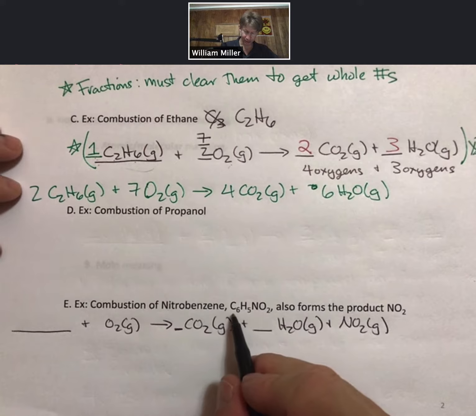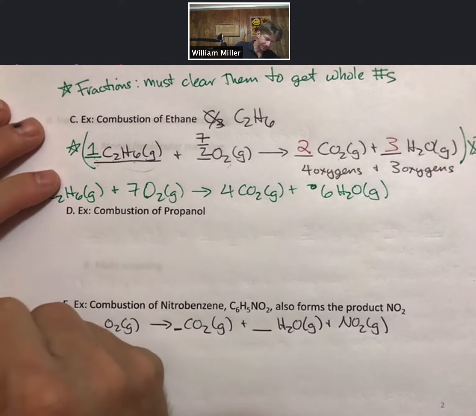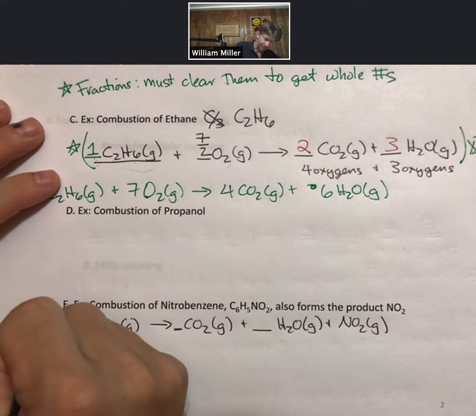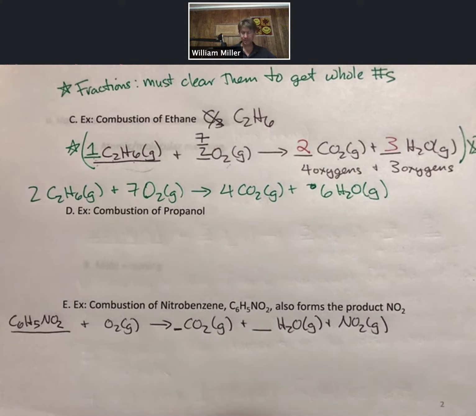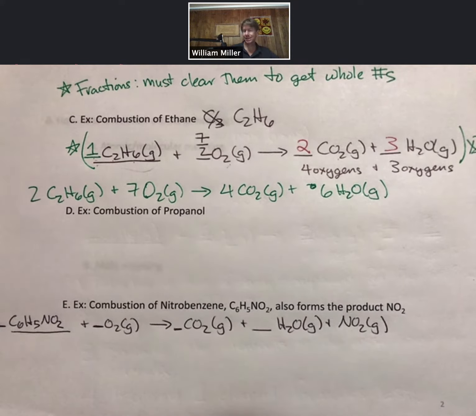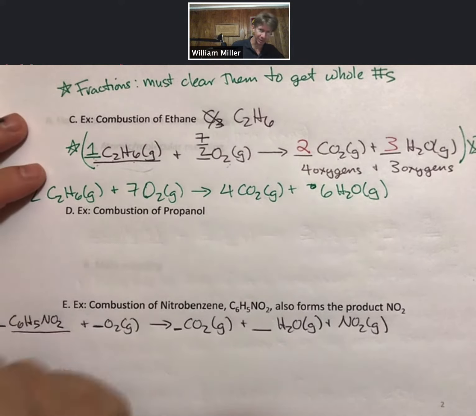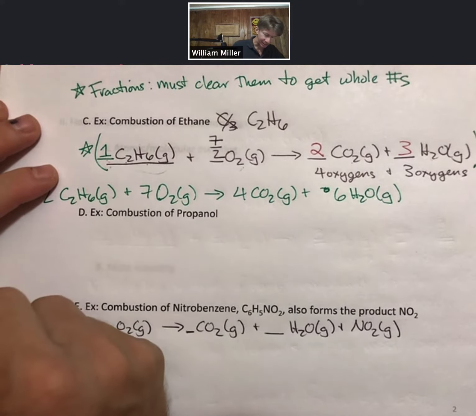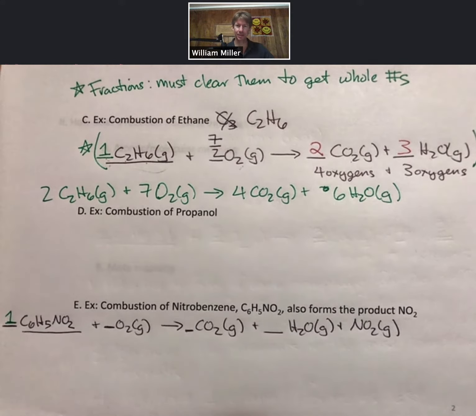Put the thing, in this case, nitrobenzene. I'm not sure what the phase of that is, so I'm going to leave it out, but then I am going to put in my lines here. And as you can see, almost every single time, the thing that is being burned or going through combustion is my most complex thing. And so I put my number 1 there.